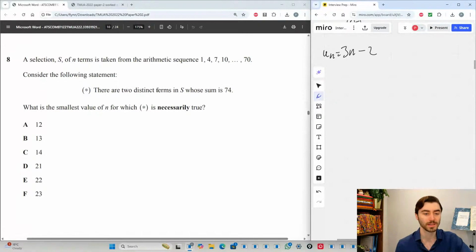There are two distinct terms in S whose sum is 74.